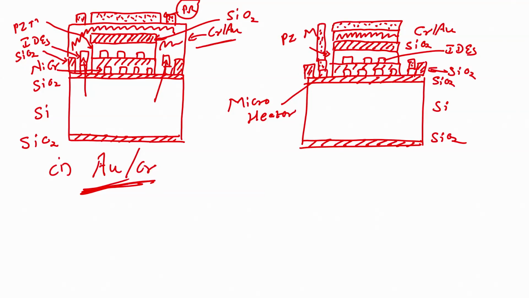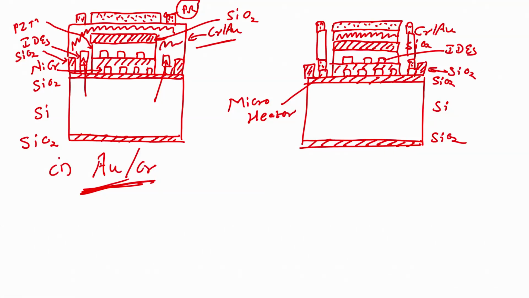Or you can just say that you have a thicker electrode, which is even better, because you are depositing chrome gold every time, you have thicker electrodes, and on thicker electrodes you have your photoresist, right.